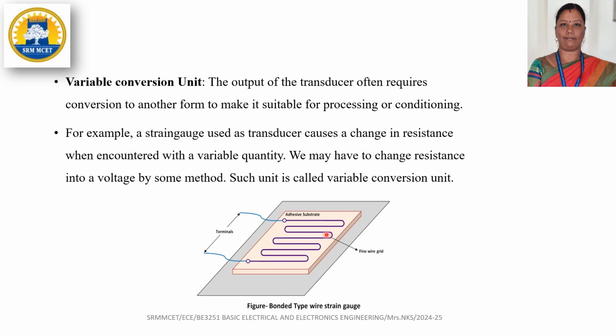When pressure is applied on this, the cross-sectional area and length get varied. Depending upon this, the resistance between these two terminals gets varied. So if we apply a voltage across this, we can get a differential output depending upon the weight applied on this. This is one example of a variable conversion unit, which you might have seen in the weigh bridges on the highways.